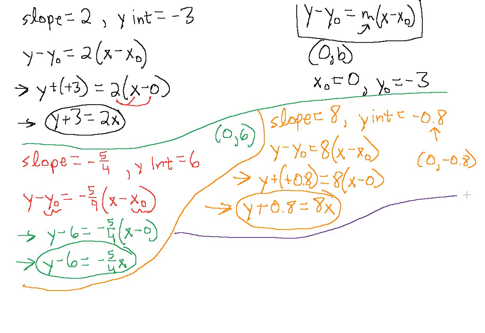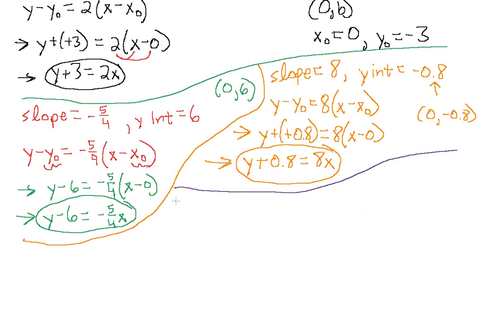Let's go ahead and do one more before moving on. Let's say we have the equation of a line that has a slope of 1/2, and the y-intercept is 7/8. Now when we say y-intercept, this is actually the b value of the y-intercept. So we know the x value of the y-intercept is always 0, and the b value is the y value, which is 7/8.